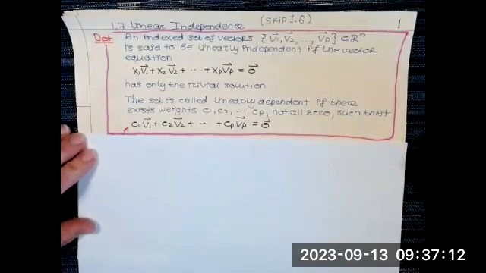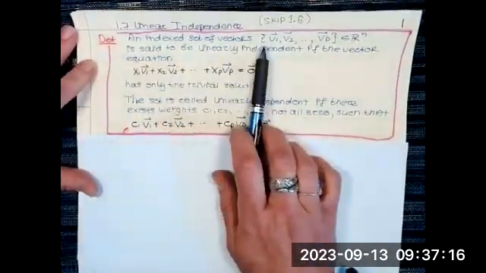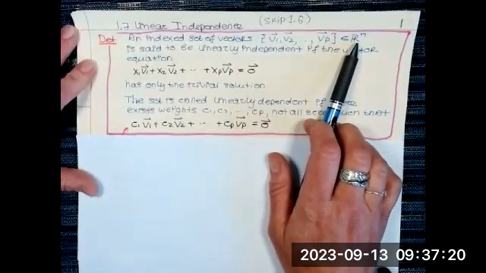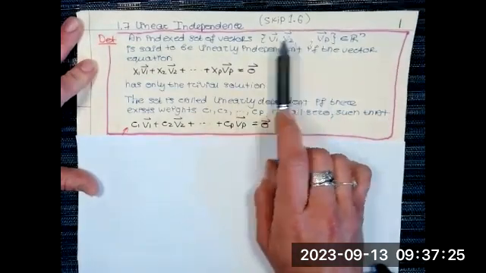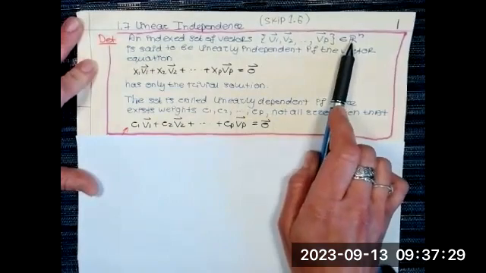So, the definition of linear independence. Suppose I have an indexed set of vectors in Rn, so vectors with n components, and I can have any number of them. I have p vectors, v1, v2, all the way to vp, and all of those have n components.